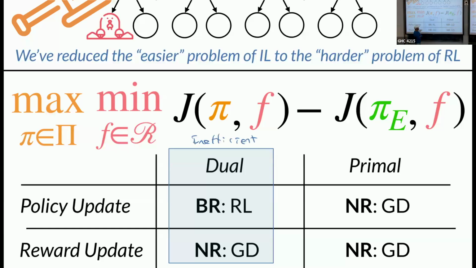Do primal algorithms have the same problem with exploration? Anybody even have an intuition one way or the other?